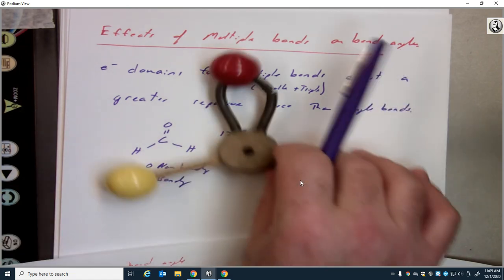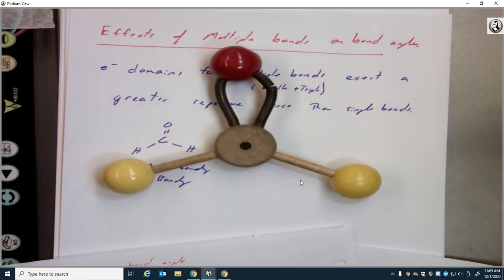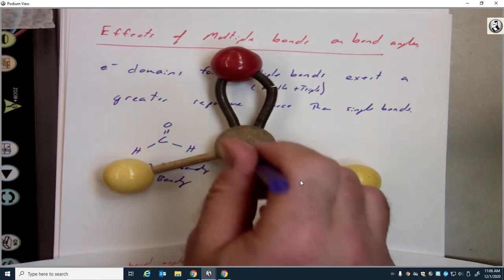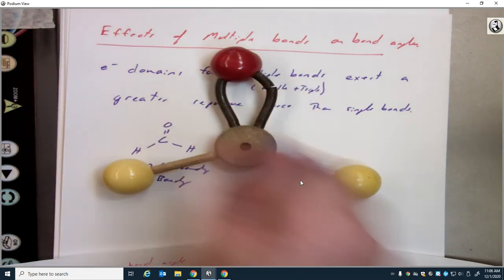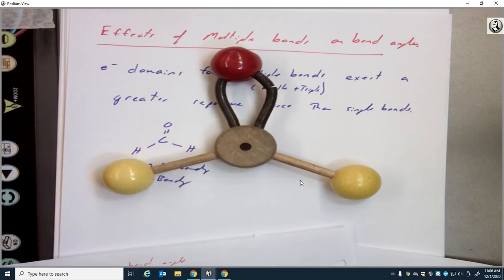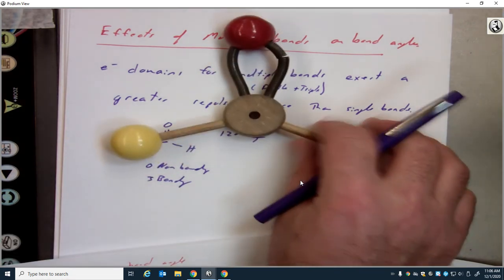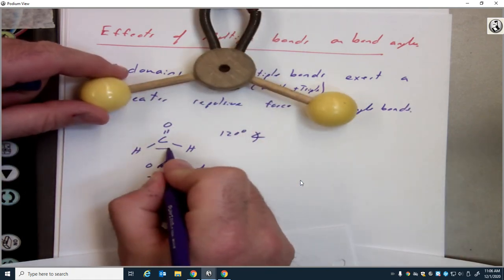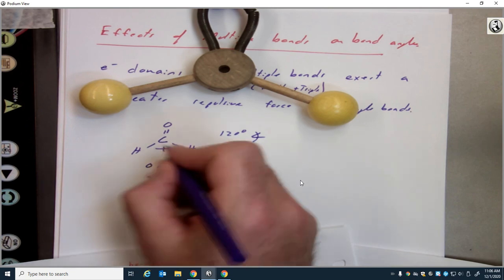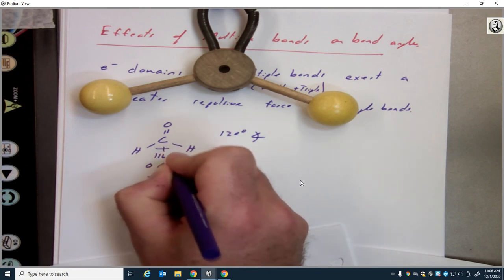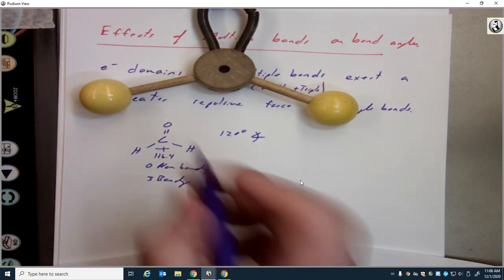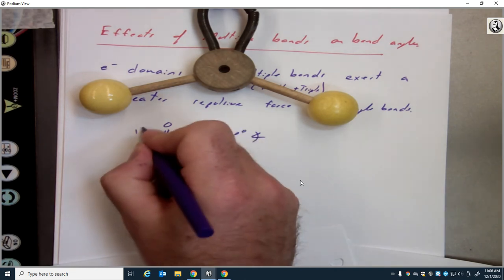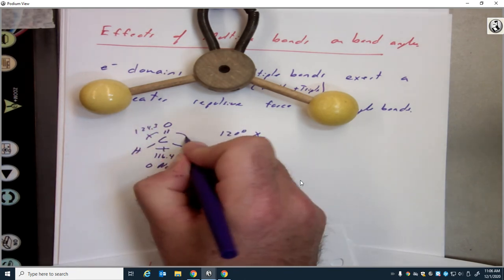Well, it turns out that when you have something like this, the bond angle is not 120 degrees. It turns out that this one down here is about 116.4. And it turns out that this angle is 124.3.